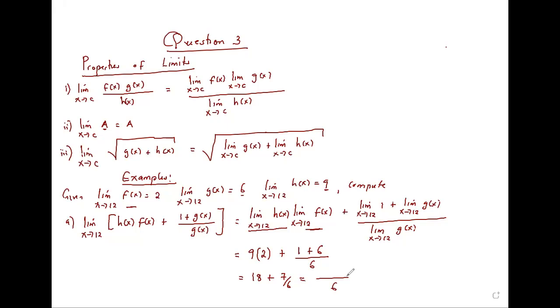So yes, plus 7. Plus 7, we get 115. 115. Good. So this is the answer. If you want, you can simplify. 3 can go in there and down. If it can't, then we're done.